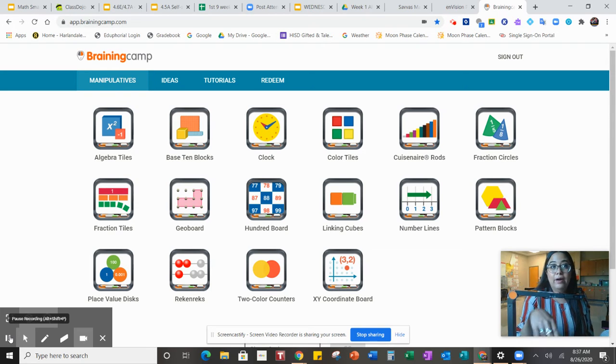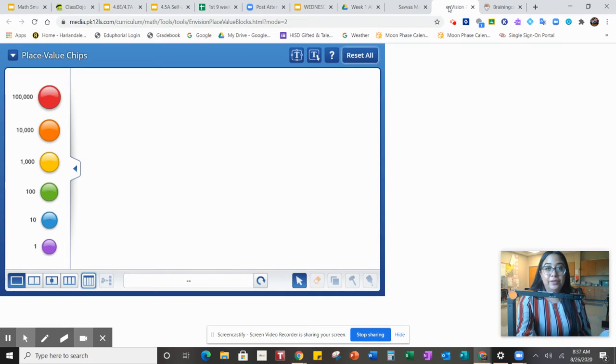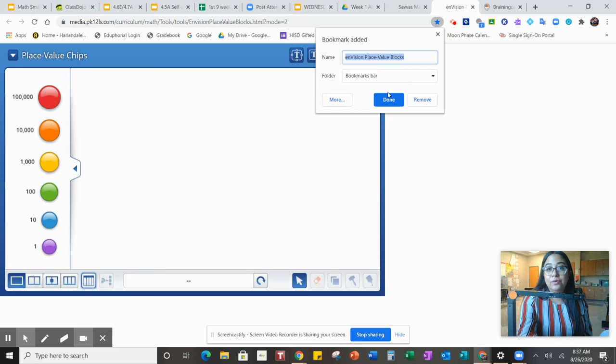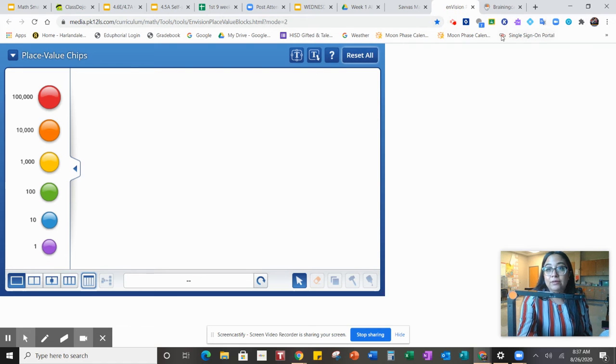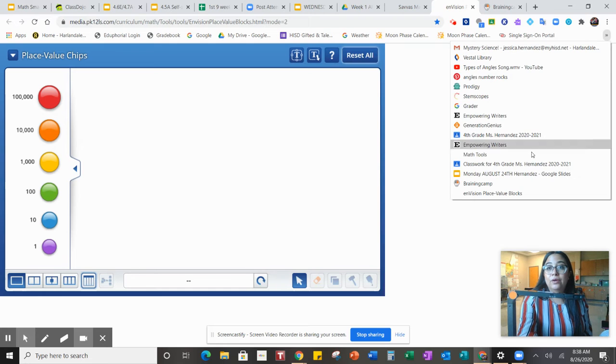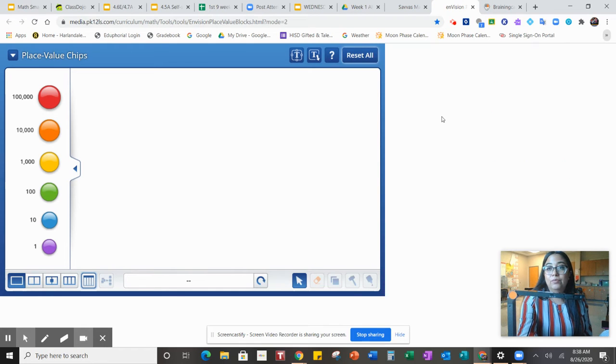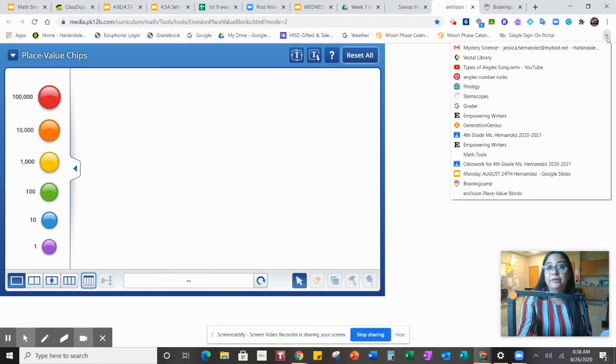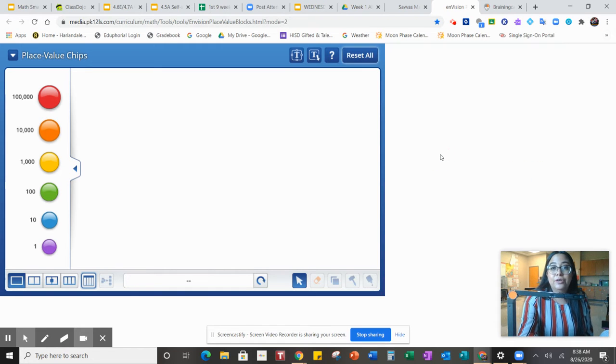You guys have the same Braining Camp that I do. You also have your Envision math tools. Both of these are in your Google Classroom, and you can just press right here. Once you get there, it'll create a bookmark for them, and they'll show up either right here at the top, and they'll always show up there, or here once you press this little button, and it'll take you to more of your bookmarks. So you can do that.